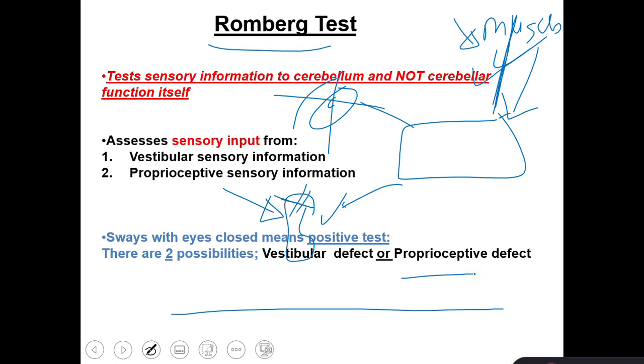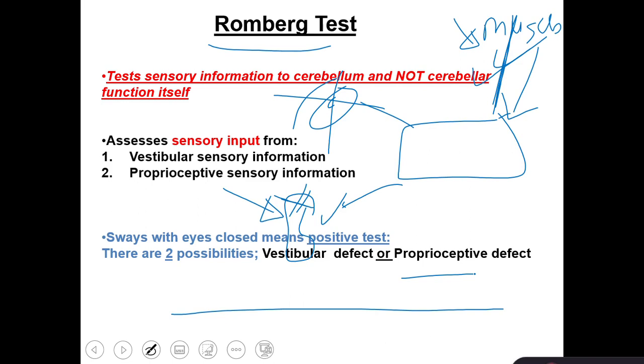So the Romberg test, if positive, there are two possibilities: the vestibular apparatus is damaged or the proprioceptive pathway is damaged. If you move a toe or a finger for that person and he's able to tell the position, then the proprioceptive pathway is okay.